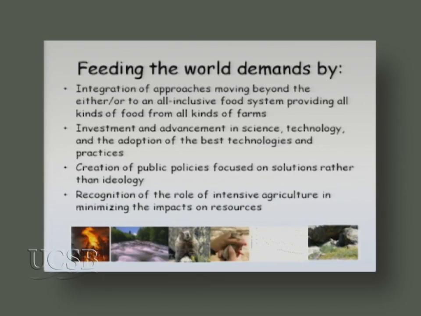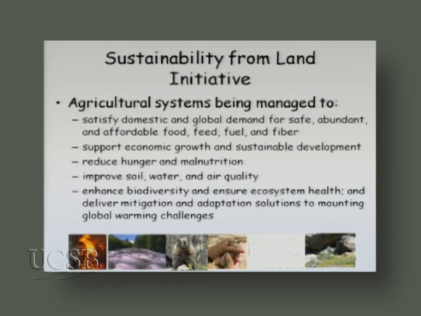So creating these public policies and incentives is really important. And making this linkage between production and conservation is really an important linkage, something that is only emerging in the broad global field of agricultural sciences.